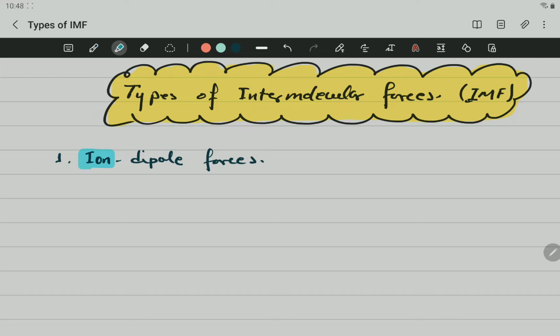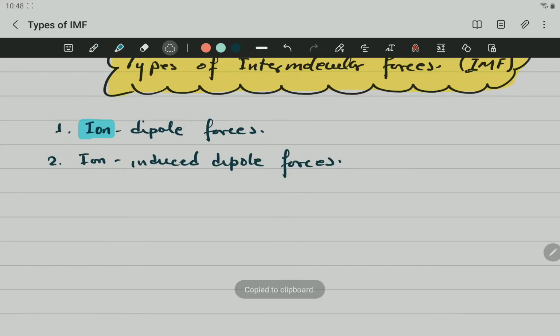That is just the name of the first force. The second force is called ion-induced dipole forces, and once more we have ions involved. These are the only two types of forces that have ions involved.